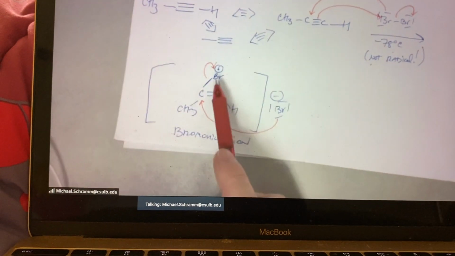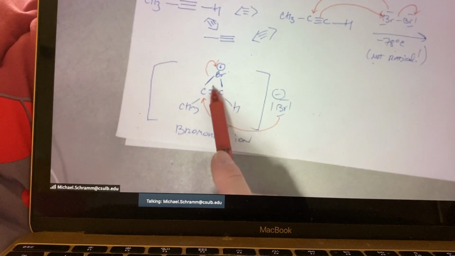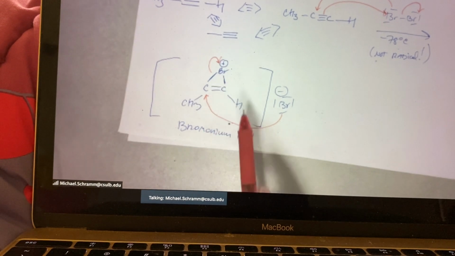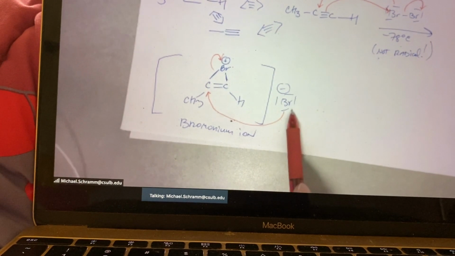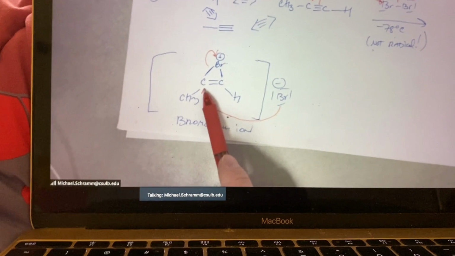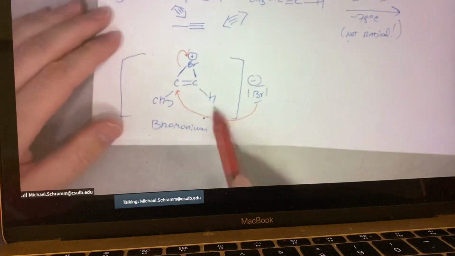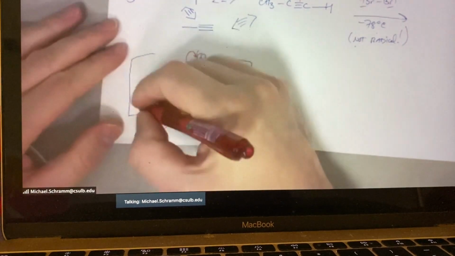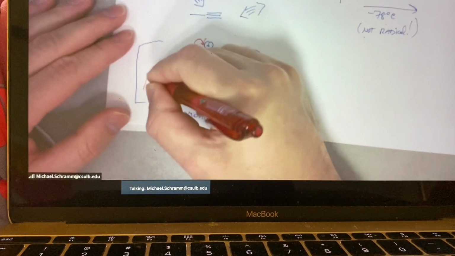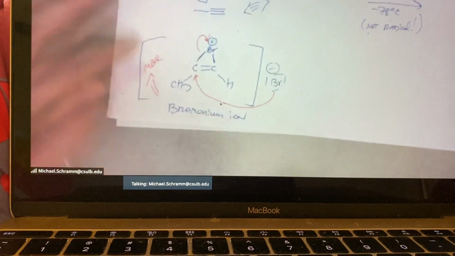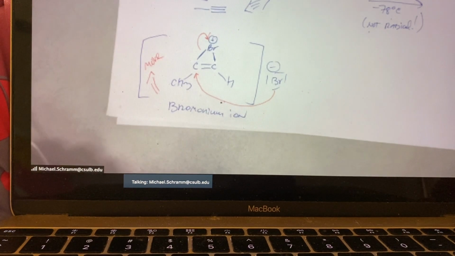But we know that this bromonium ion wants electrons. This is a three-membered ring. It's strained. It's unstable. It's an unstable intermediate. We give it electrons from the opposite side. As these electrons come in from the opposite side, this methyl group is going to move up to make room for bromine coming in from the bottom.